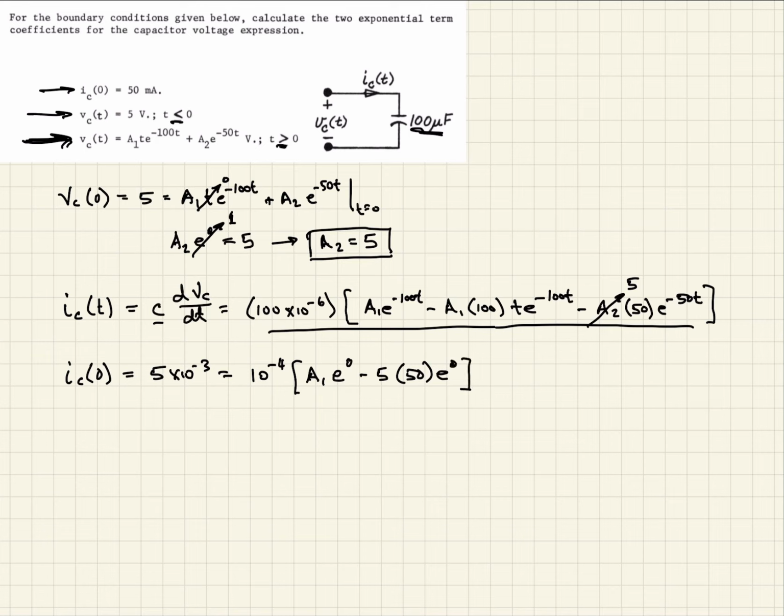So you can see when we let t equal 0, that made this one go to 0, and it made this go to 1, and this go to 1. So when we solve all that, what we come up with is that A1 should be equal to 750.